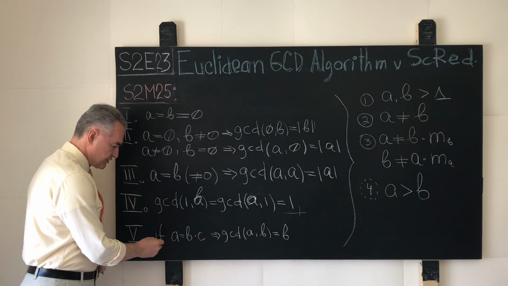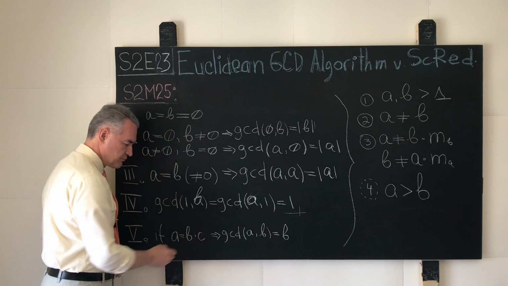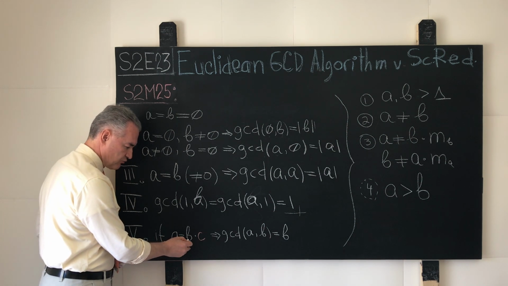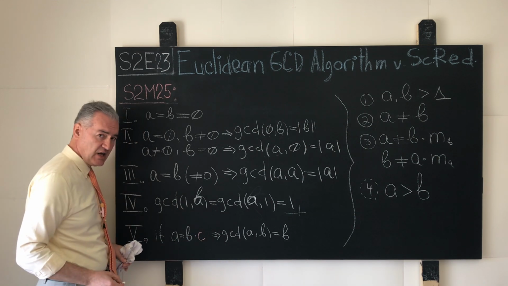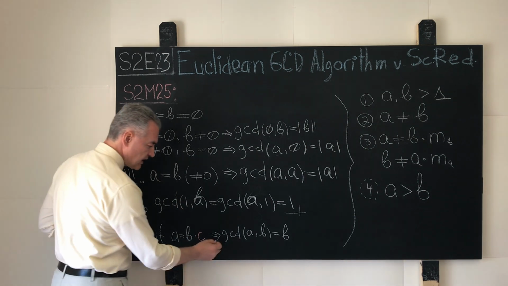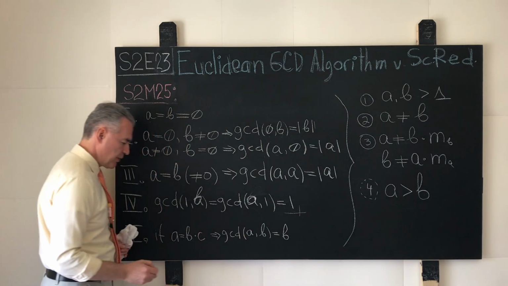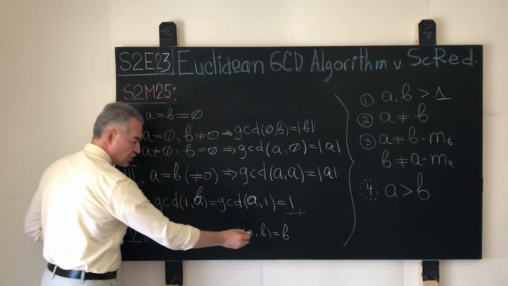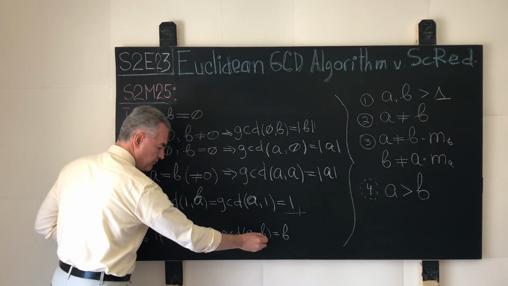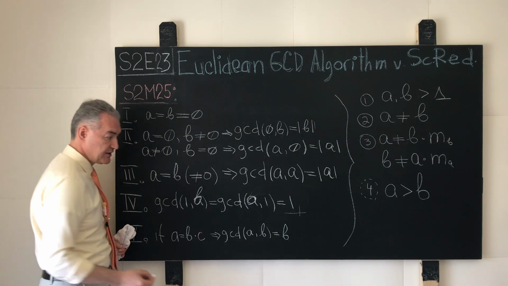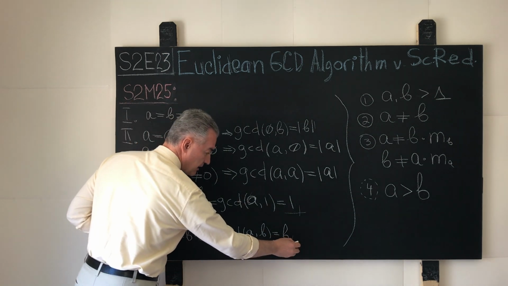So in other words, if in the pair of numbers a and b, a can be represented as a product of b with c, then what does that mean? That means that when we calculate the greatest common divisor of such a pair, the largest number that divides b will be b itself, and b will obviously divide a, and hence the answer in this question will be b.